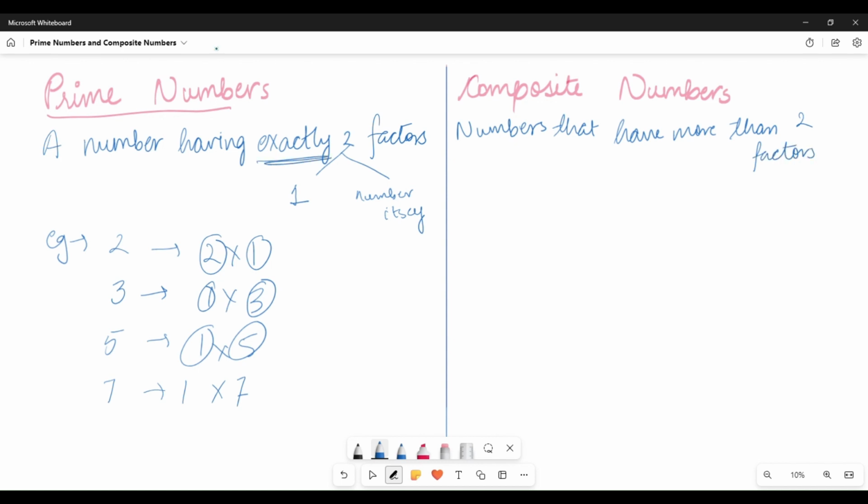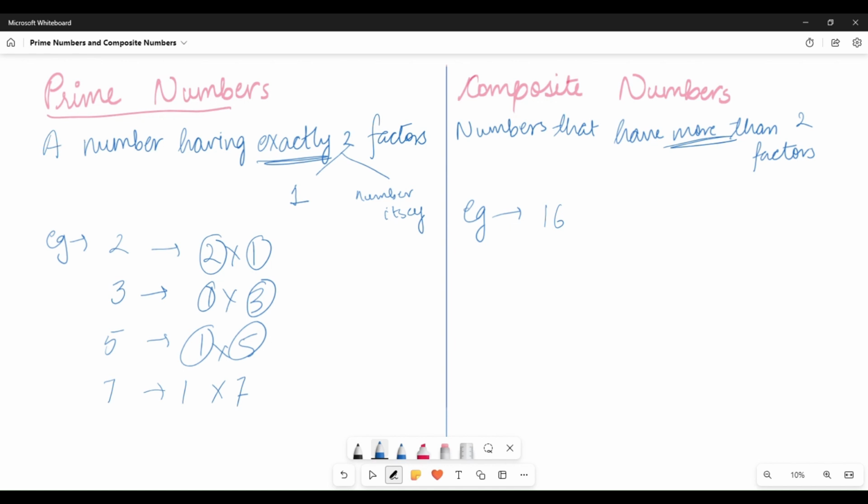So we know exactly two factors means prime number, but more than two factors means composite number. That's how we differentiate prime numbers and composite numbers, and it's a very important topic. So we said composite numbers are the numbers which have more than two factors. So what's an example? Can you think of any examples?